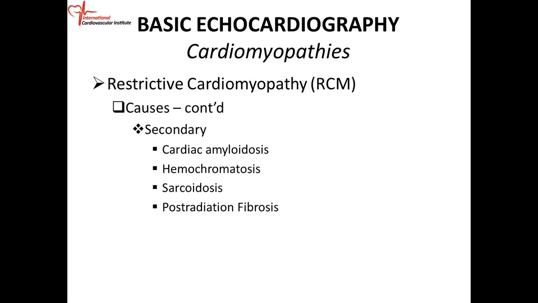Secondary causes now. The secondary causes are the big ones because these are much more common. You may have a disease process elsewhere, and the heart is affected in the process. The big one here is cardiac amyloidosis. This is the prototype. When they talk about restrictive cardiomyopathy, they invariably are going to bring up amyloidosis.